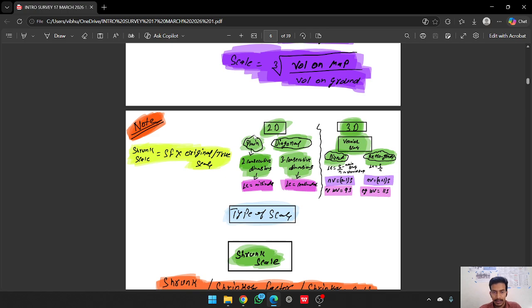In plane scale, there are two consecutive dimensions like millimeter and centimeter that we will measure. In diagonal scale, there are three consecutive dimensions, like centimeter, decimeter, and meter.